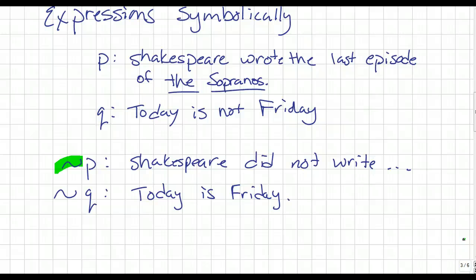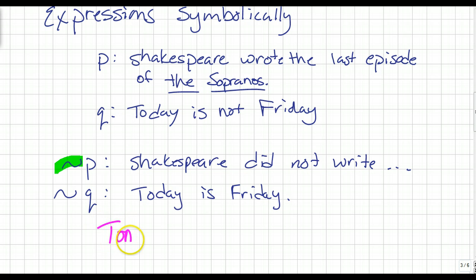So the big thing on this is if you look at the highlighted green part, you see that little symbol there? That means not P. Okay, that means the negation of P. So if I were to find the negation of P, we already talked about that. Shakespeare did not write the last episode of The Sopranos. The negation of Q, today is Friday. Okay? So if I were to say, let's see, come up with another one.